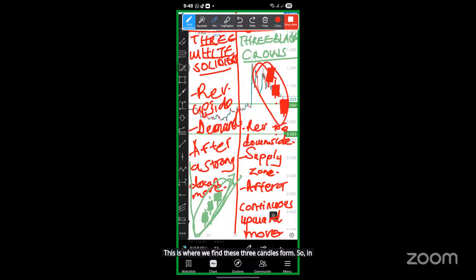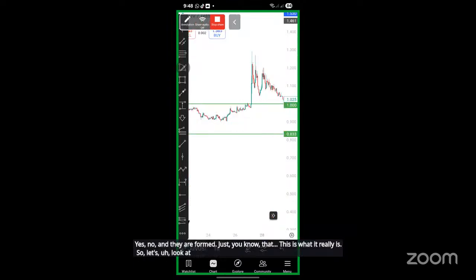So when these three candles form, they indicate market reversal to the downward side. Those are some of the most important candlestick chart patterns. And when they are formed, you just know what it means. So let's look at the examples.